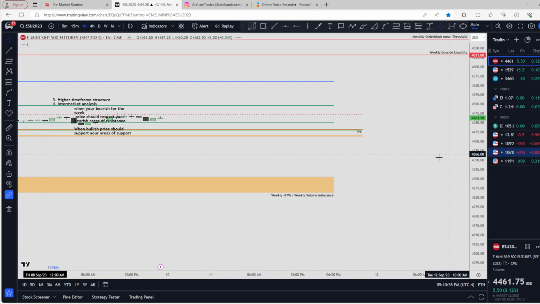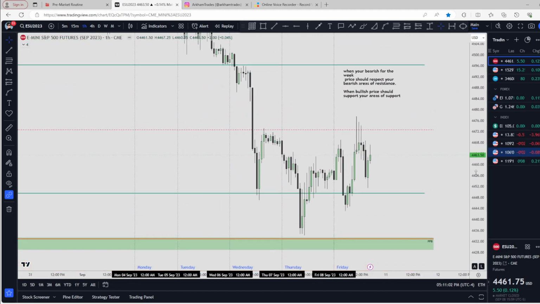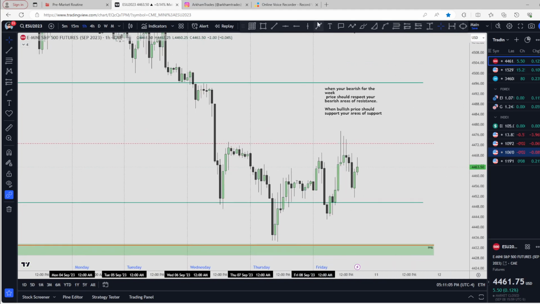Not only that, but you have to look at overall structure. This created a low that took out this low. Then this broke structure to the upside.